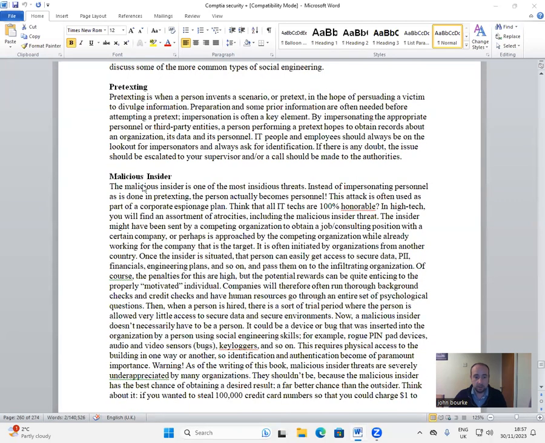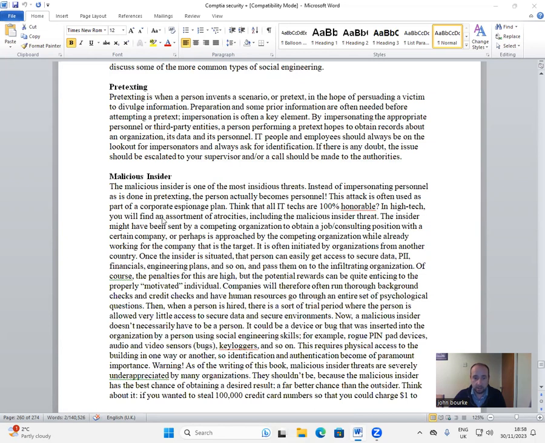Malicious insider. The malicious insider is one of the most insidious threats. Instead of impersonating personnel as is done in pretexting, the person actually becomes personnel. The attack is often used as part of a corporate espionage plan. Don't think that all IT techs are 100% honorable.